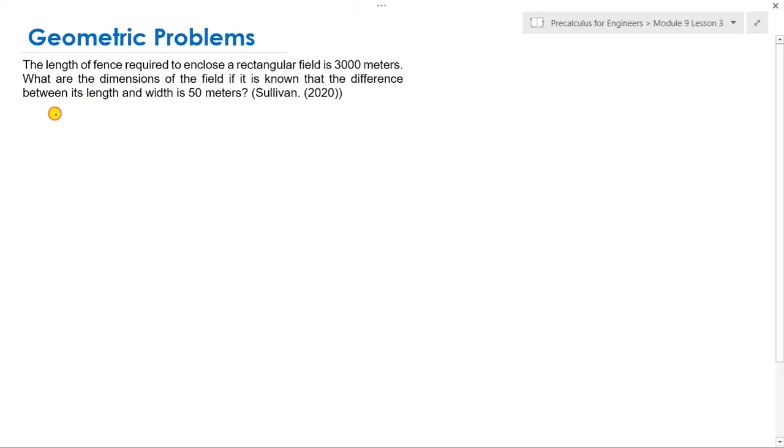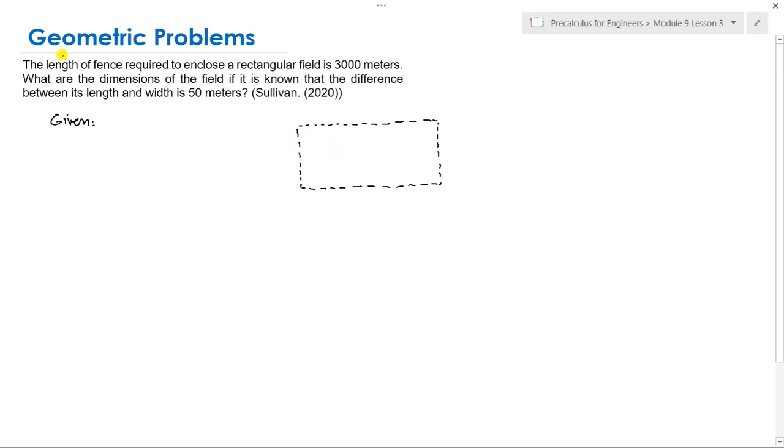So again, given: the length of fence required to enclose a rectangular field is 300 meters. Okay?